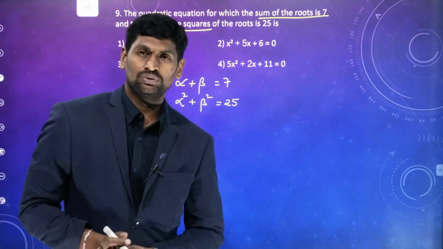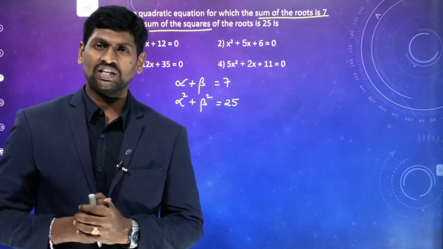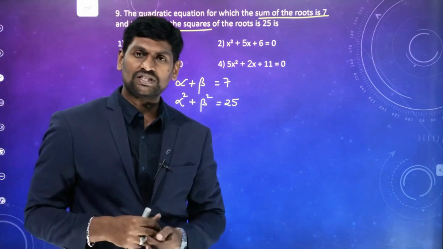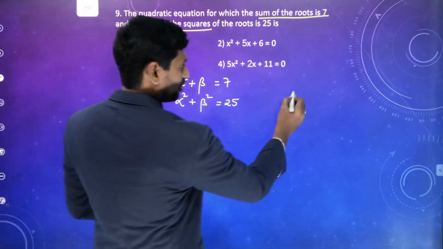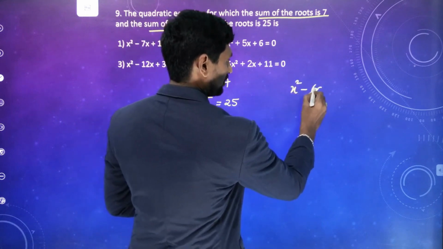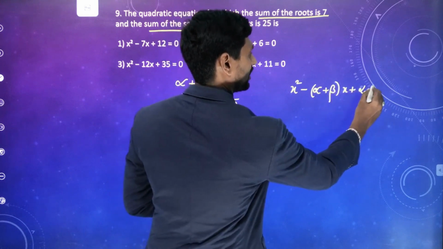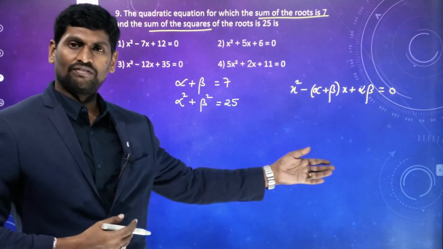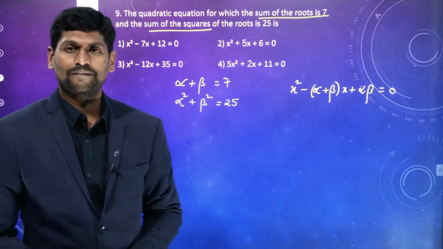According to our previous discussions, if you know the roots of the quadratic equation, we have one form: x square minus alpha plus beta into x plus alpha beta equals 0. We have to substitute the alpha plus beta value and the alpha into beta value.